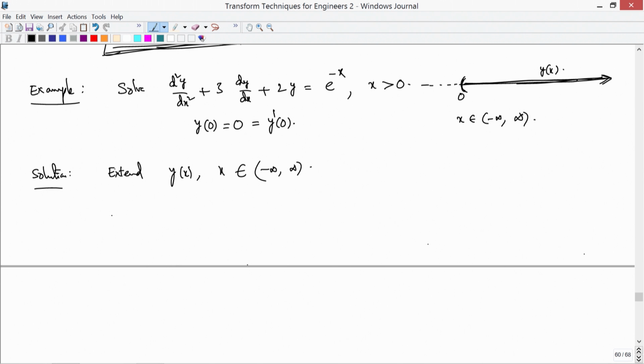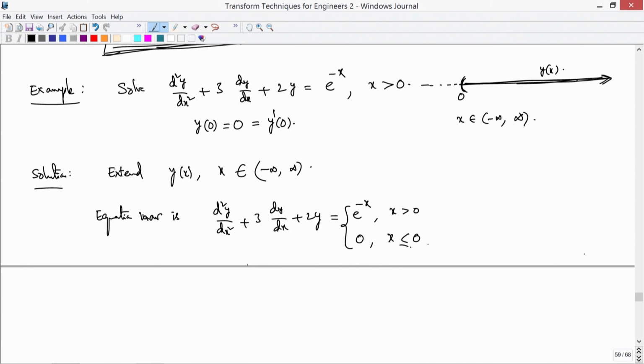Then what is the equation now? The equation now is d square y by dx square plus 3 dy by dx plus 2y, where y of x is here, and this is equal to e power minus x when x is positive, and I take 0 when x is negative, less than or equal to 0.